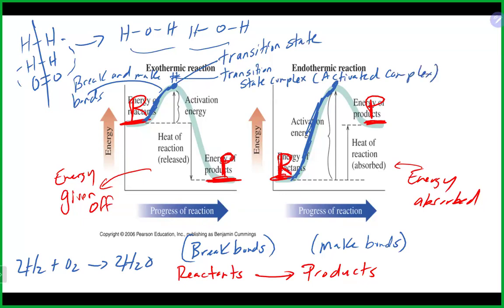So what is this? Well, this is pretty much what we have happening as we go up the hill. At the very top of the hill, the highest point in energy, we have a substance that has partially broken bonds and also partially made bonds. They haven't fully broken and they haven't fully made. It's that transition point, hence the name, of getting to our products.